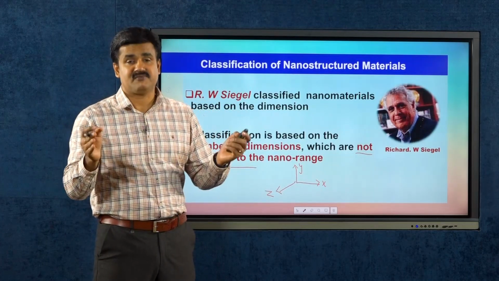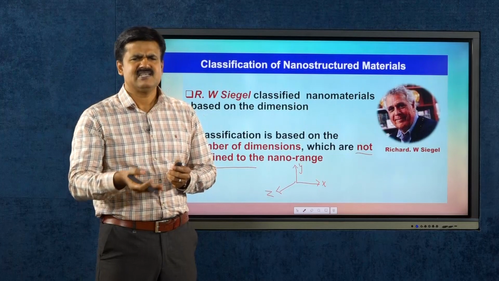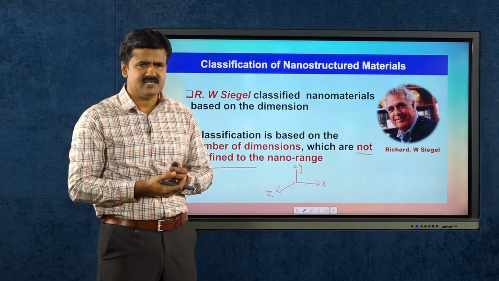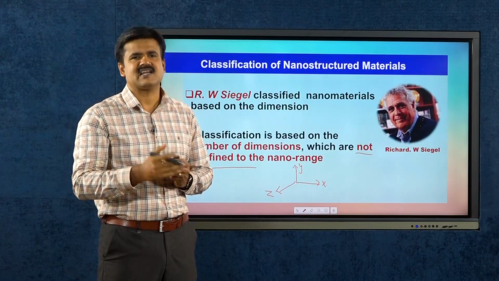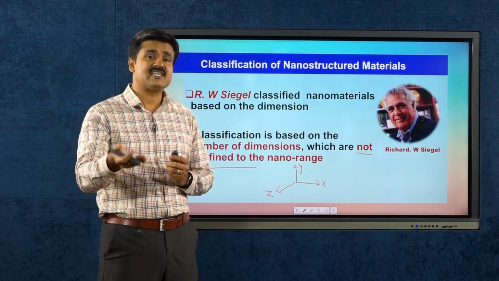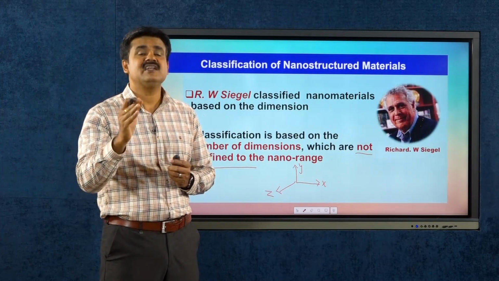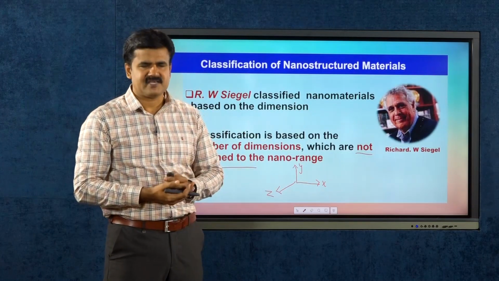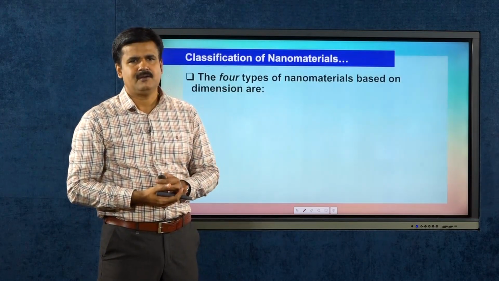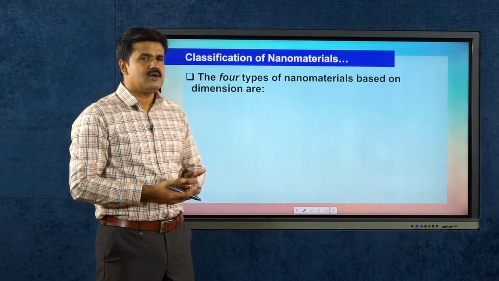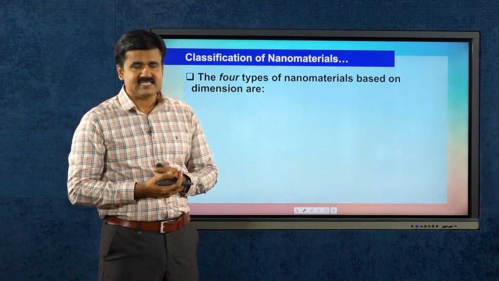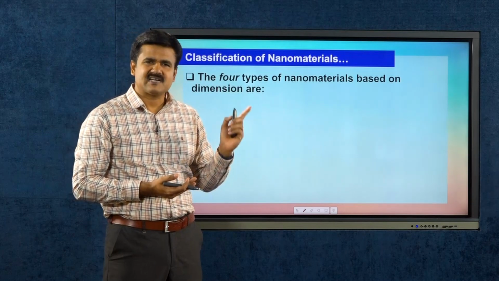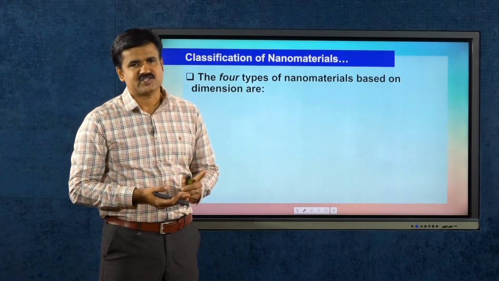We can classify nanomaterials this way. Such a kind of classification is known as Siegel's classification or classification based on number of dimensions. We can enter into more details of such a classification. First of all, there will be 4 types of nanomaterials based on the classification by dimension.